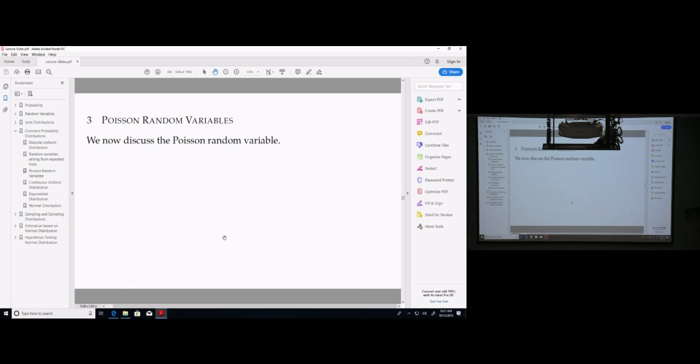The binomial is a general situation of the Bernoulli. We have a specified number of trials, and each trial is a Bernoulli trial. And I assume independence of each trial, and that the probability of success is not changing.